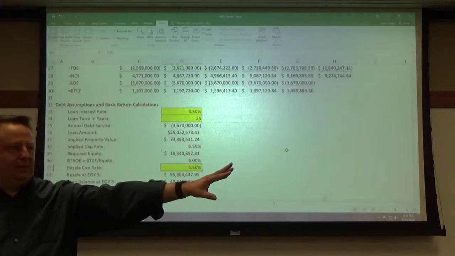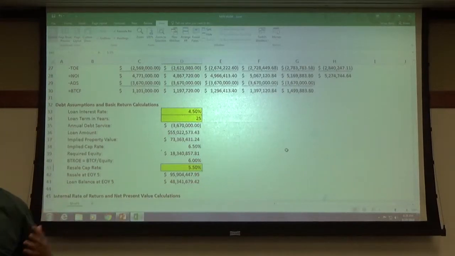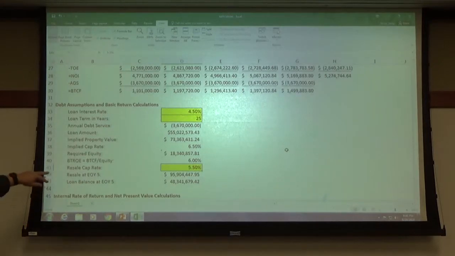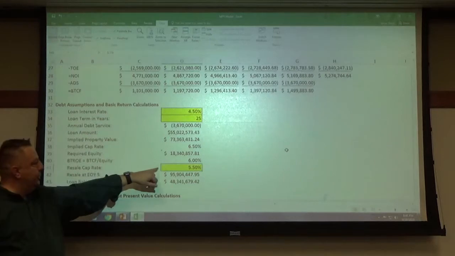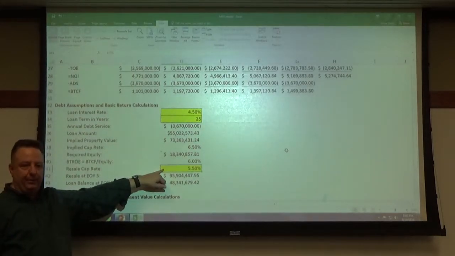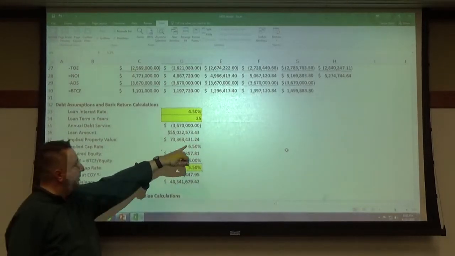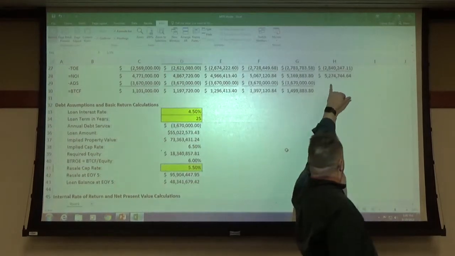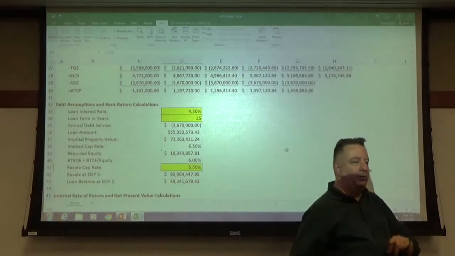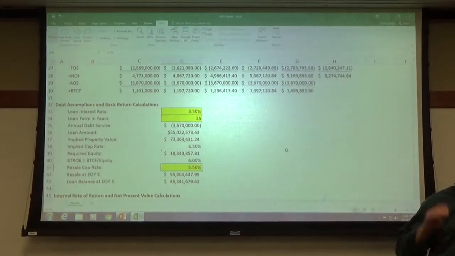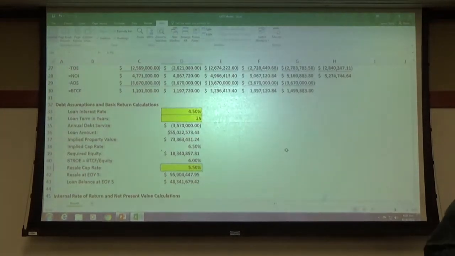Ah, yes. So let's just make sure I'm clear on this. What we're saying is if we apply this new cap rate of 5.5% to year 6 NOI, now I still haven't answered your question, but that's where I'm going right now.